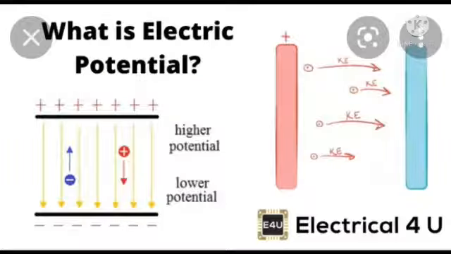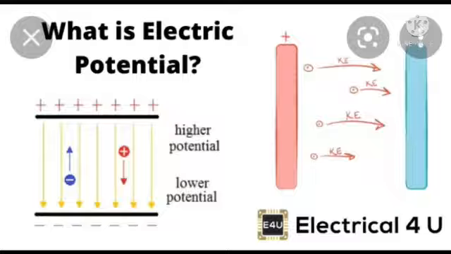So students, let us see the next topic, which is known as electrostatic potential or electric potential. As an example, understand that water or a liquid flows from a higher level to a lower level. Heat always flows from a body at higher temperature to lower temperature.